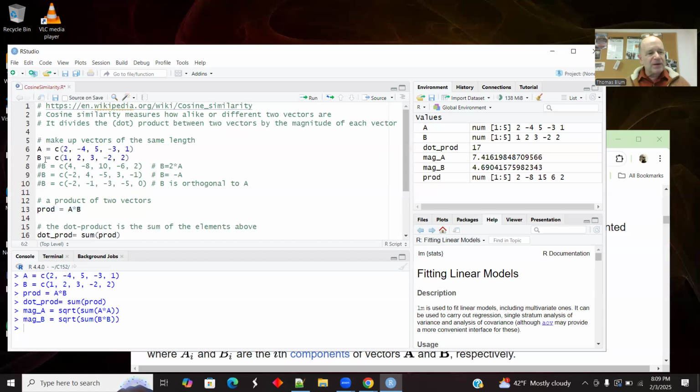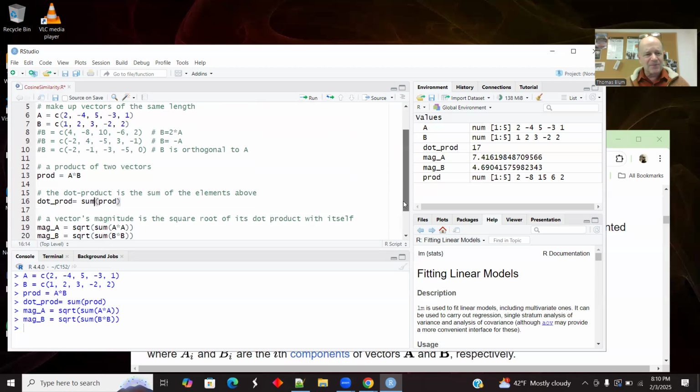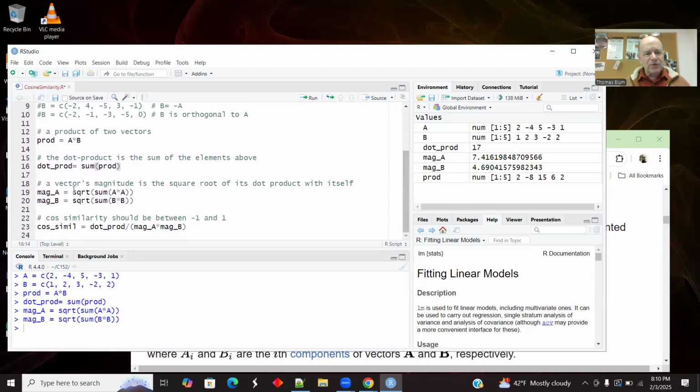So we had A and B, we took their product, we took the sum of that product, that gave us the dot product. We repeated the same thing with A with itself and B with itself, and then took the square root of that.